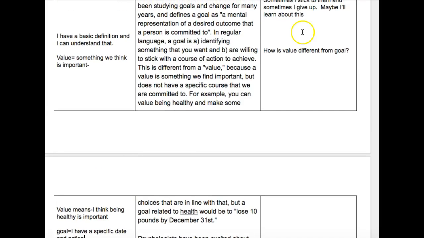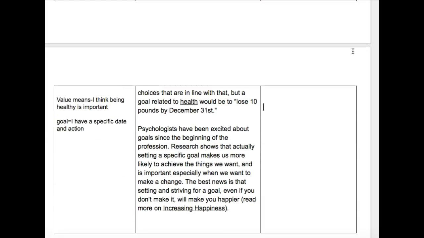Okay. So if I'm thinking about the difference between a value and a goal, value, it's thinking only. And goal sounds like it's actually doing something.